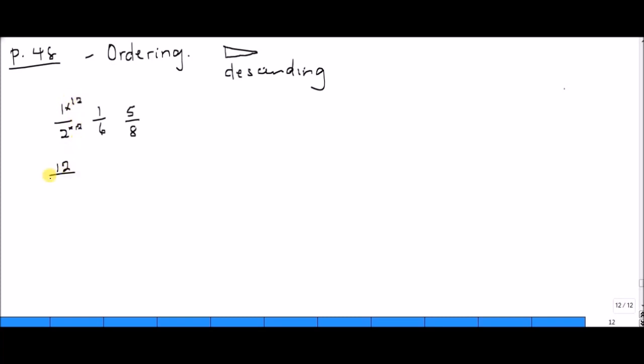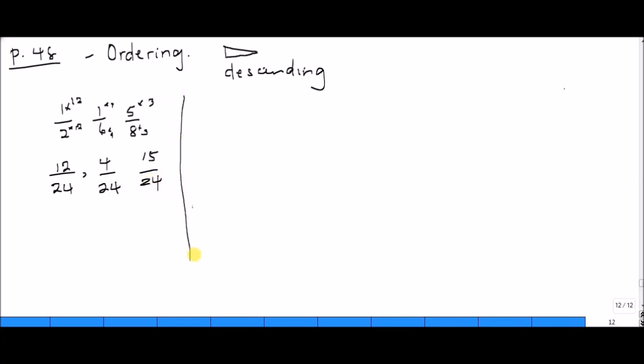This would be 12 over 24, and we could multiply 1/6 by 4, multiply the numerator by 4, and we would get 4 over 24, and we could multiply 8 by 3 and 5 by 3 to get 15 over 24.